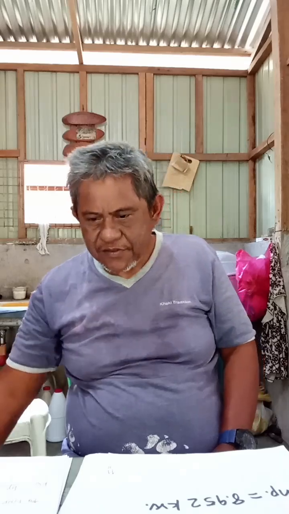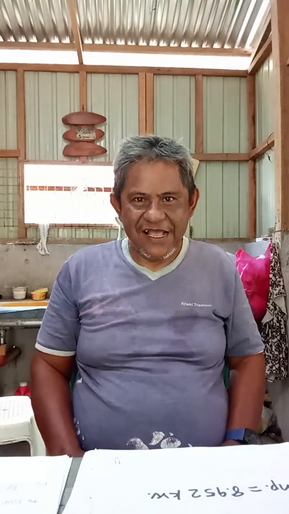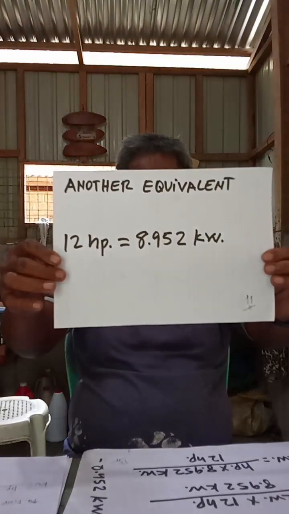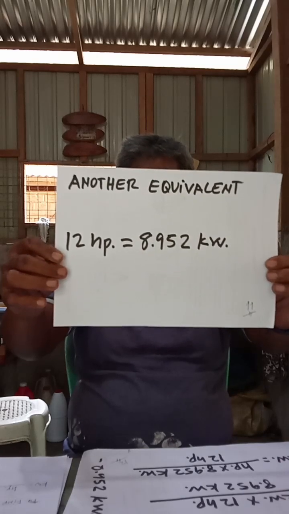So, 12 horsepower is equal to 8.952 kilowatt ay pwede rin natin gawing formula. Lahat ng equivalent ay pwedeng gawing formula dito sa modern method of math unit conversion. So another equivalent, again equivalent, 12 horsepower is equal to 8.952 kilowatts.